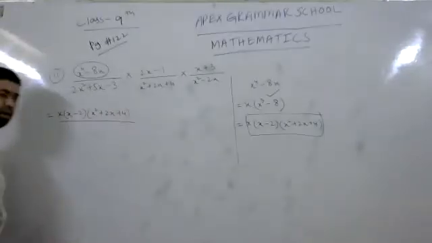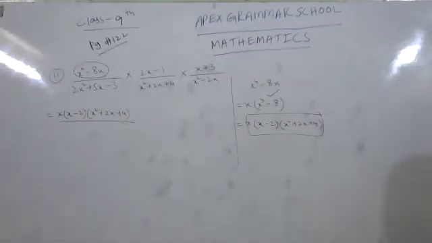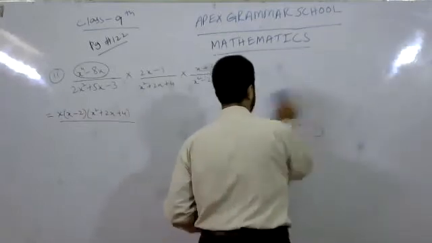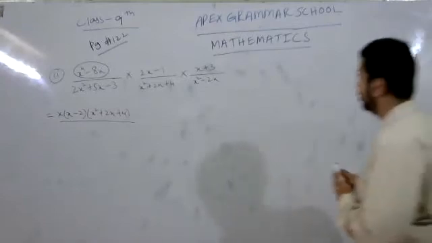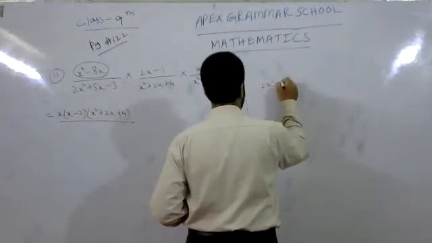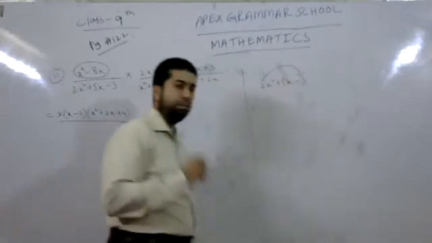And in denominator, another expression, you need to make its factorization. That is 2x square plus 5x minus 3. 2 multiplied by minus 3, answer is minus 6.